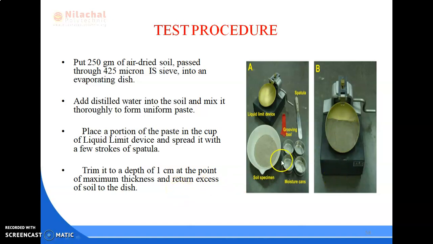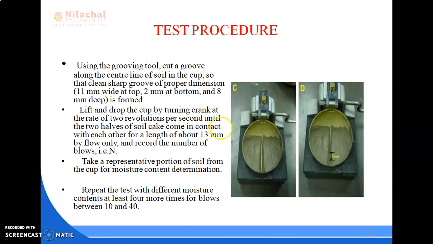So we have to cut it like this, figure C, with the help of a grooving tool. Using the grooving tool, cut a groove along the center line of soil in the cup so that a clean sharp groove of proper dimension, like 11 mm wide at the top, 2 mm at the bottom and 8 mm deep, is formed.